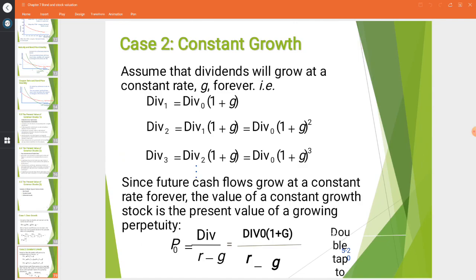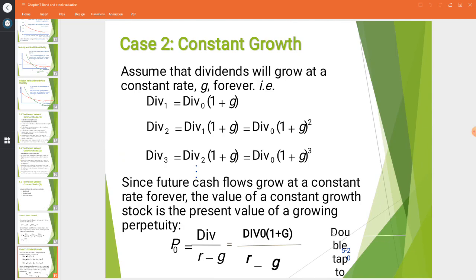Another case of stock is called constant growth. In this constant growth, we assume that dividends will grow at a constant rate G, which is the growth rate, forever.